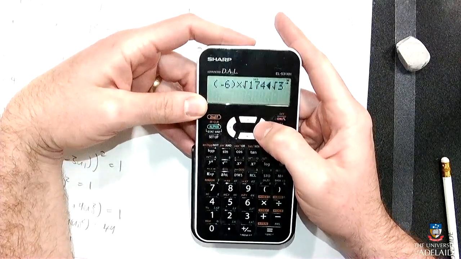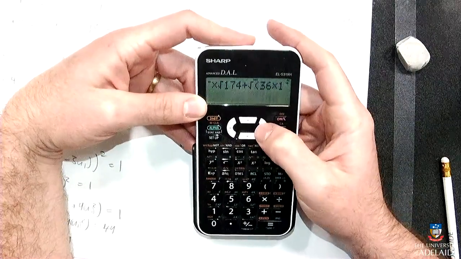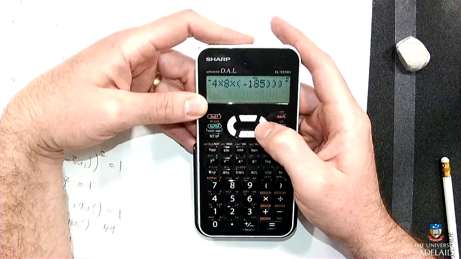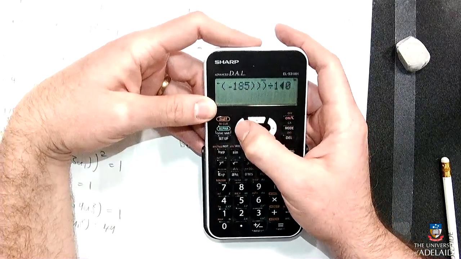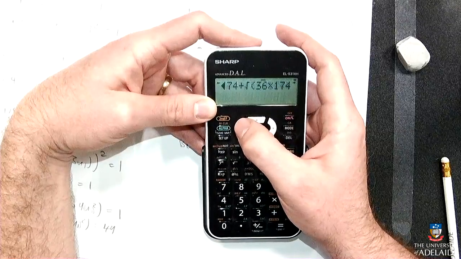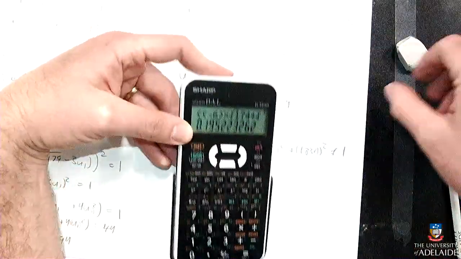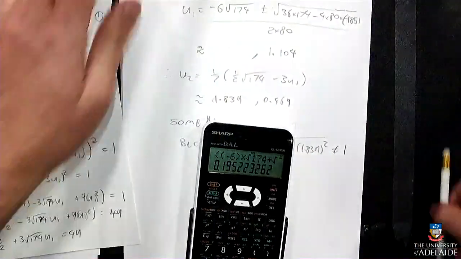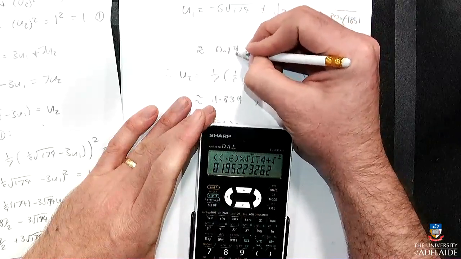Minus 6 times 174, bracket, go right back to the beginning. Should be another bracket there. Right, that's a much nicer answer. I should have noticed it when my answers came out to be greater than 1.